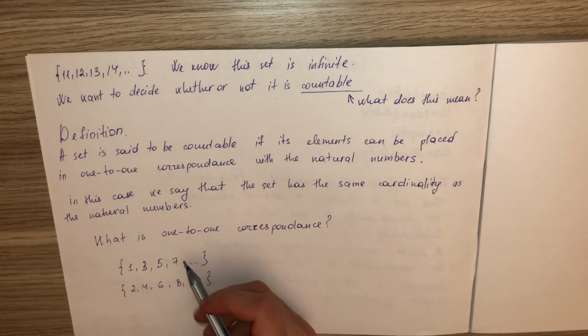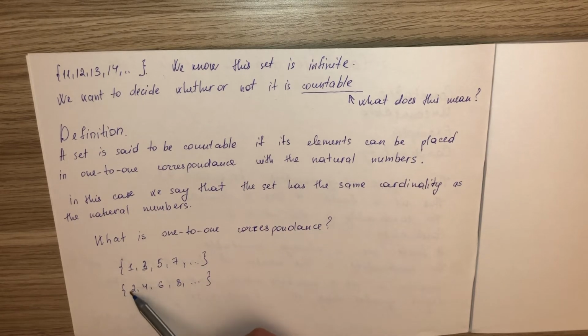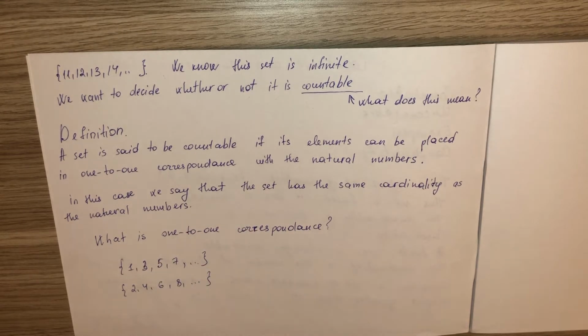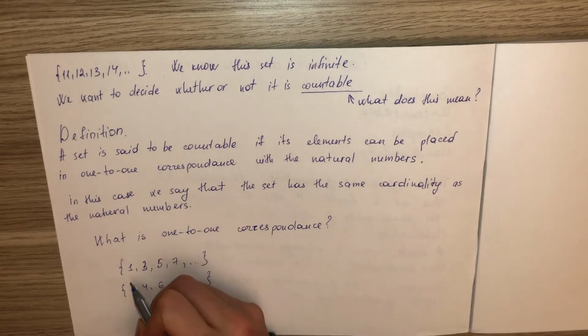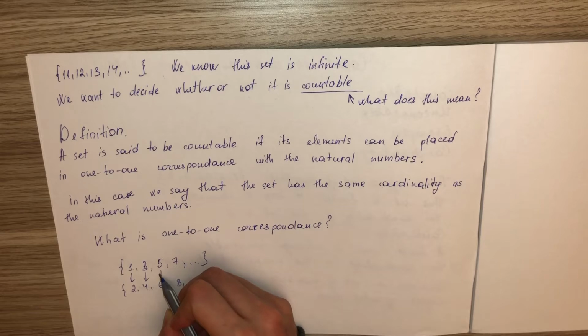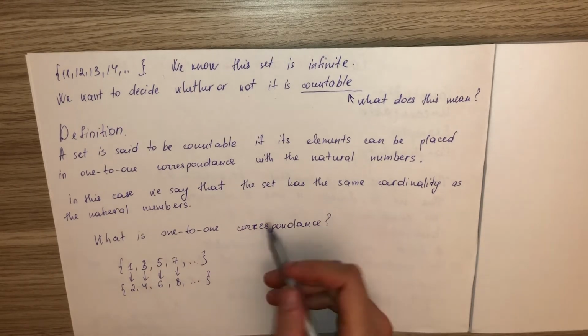If we can match each element of the first set with each element of the second set, we say that these two sets have one-to-one correspondence. For example, we can match 1 with 2, 3 with 4, 5 with 6, 7 with 8, and so on. As you can see, no element is missed. So there is one-to-one correspondence between these two sets.